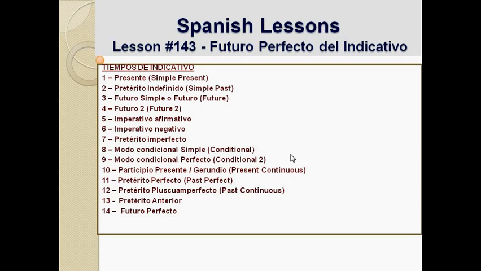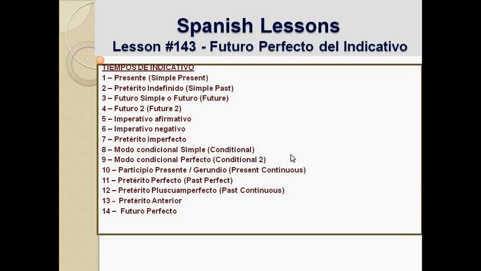In our lesson 143, I will teach you the futuro perfecto del indicativo. This is one of the several future tenses that we have in Spanish, but unlike the simple future that we have already seen, in this future we have in the sentence 2 different moments in the future, but one is or it will happen immediately before the other one, right?